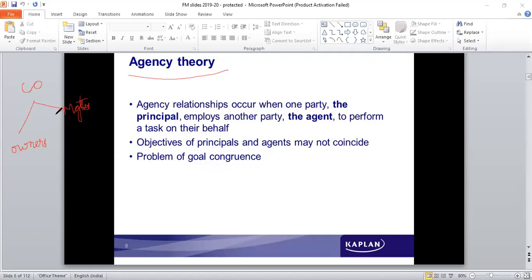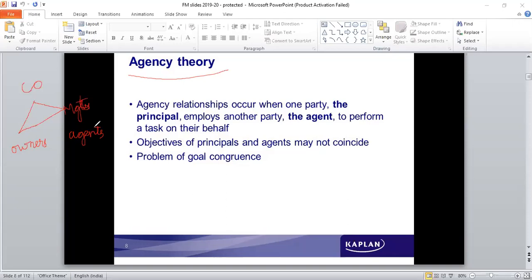So the role of management, or the capacity in which they are taking decisions on behalf of the owners, is in the relationship of an agent. So the management acts as agents on behalf of the owners to run the company and earn profits for the shareholders.